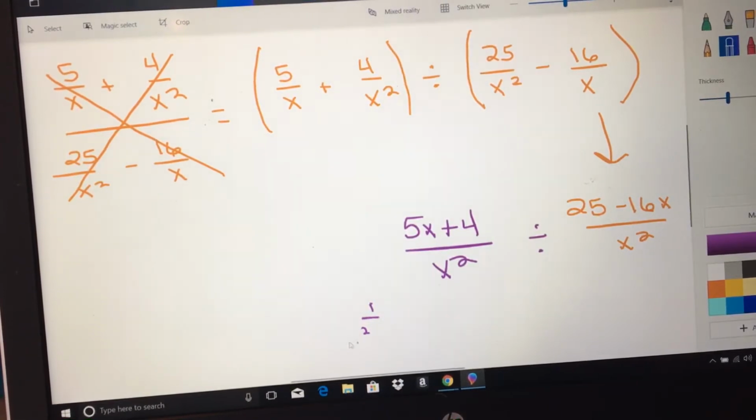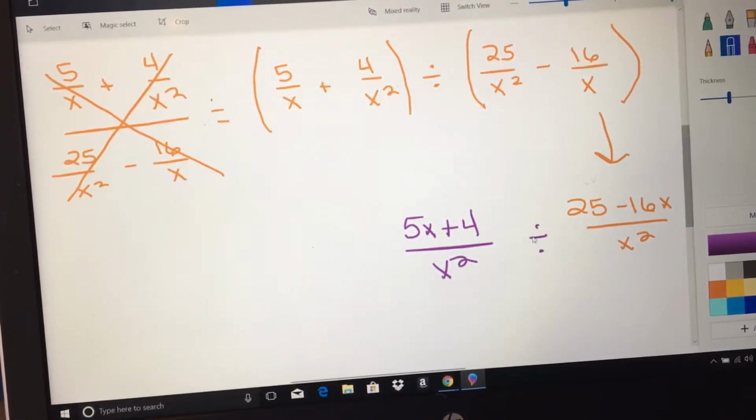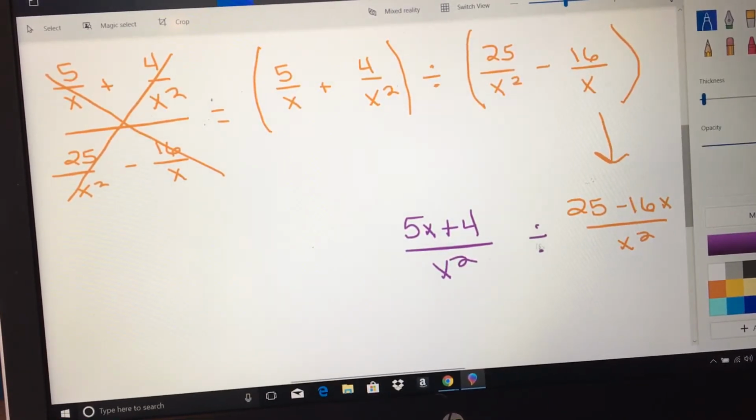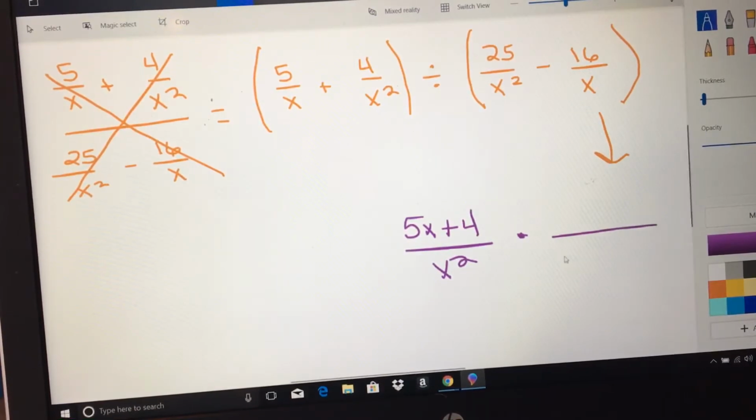Okay, now we can do our keep, change, flip because we have one fraction divided by one fraction. So I keep the 5x plus 4 over x squared. I change the division to a multiplication. And then I'm going to flip this one here. So this is going to become x squared in the numerator and 25 minus 16x in the denominator.